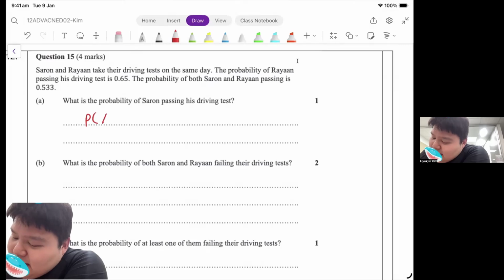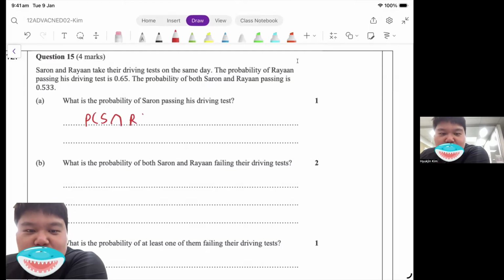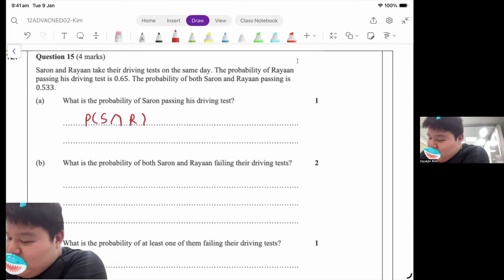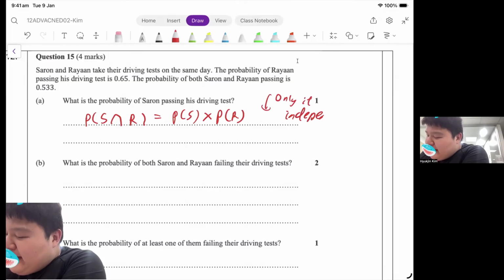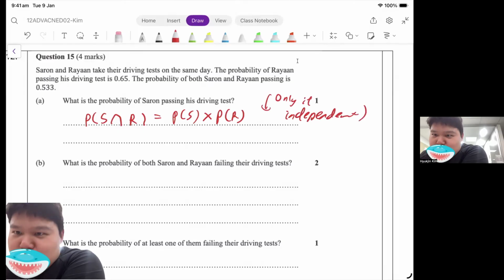Probability that Saron and Ryan both pass is the same as probability of Saron times probability of Ryan, only if independent. Only if they're independent, then we can just multiply them.